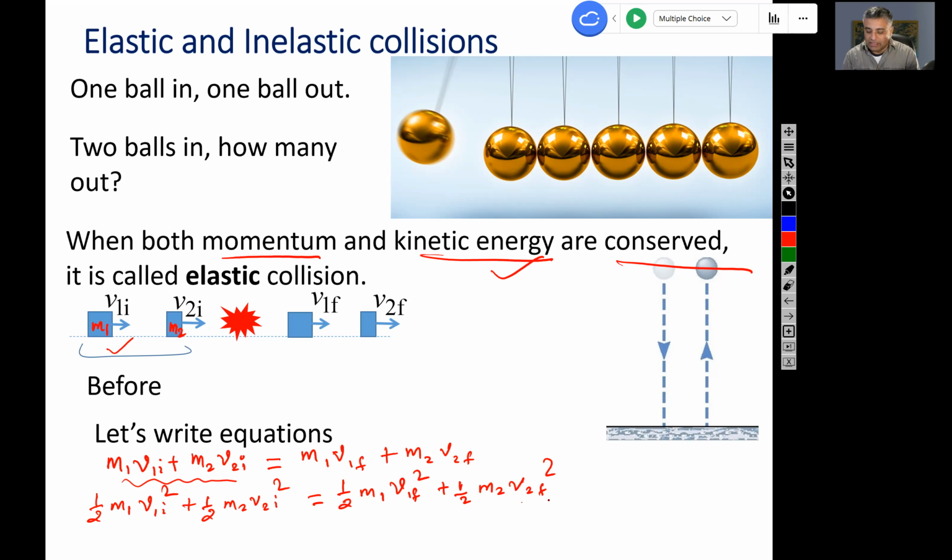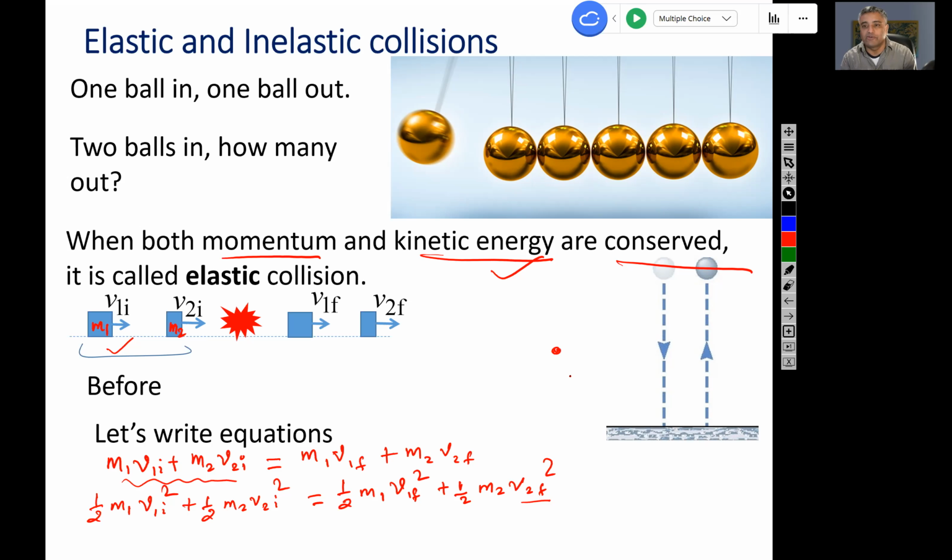But remember, there are these v squared terms and like four terms. So solving these equations as such is going to be a bit challenging in terms of algebra, okay? But these can be solved if we know one of these is not moving at the beginning. So that means, let's say v1i is 0. If we set that up, then what's going to happen?